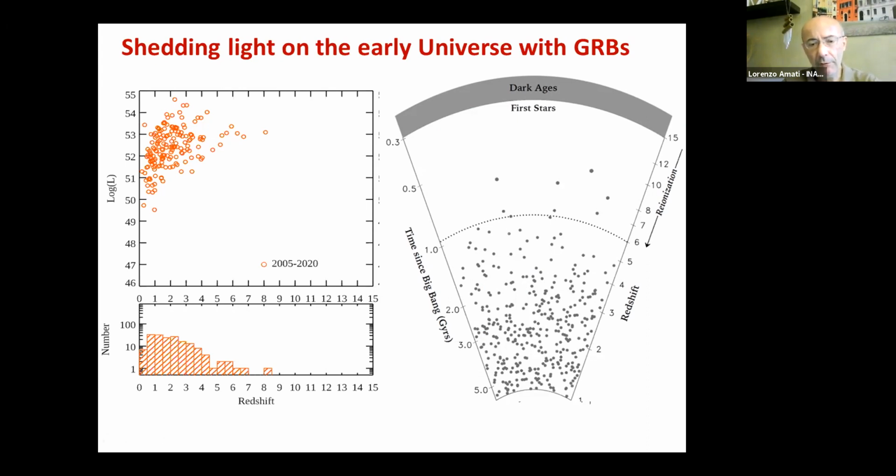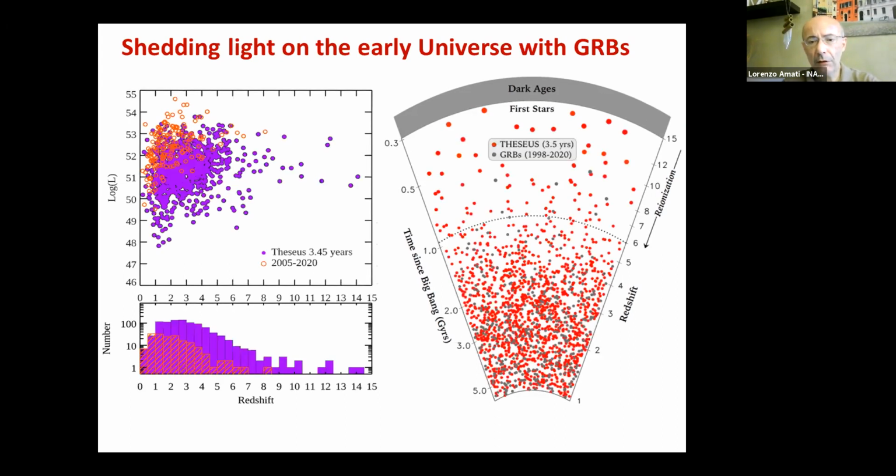So as I mentioned before, despite the many efforts of many facilities from space and ground in the last more than 20 years, we could detect only a few gamma ray bursts at redshift above 6, the first billion years of the universe. With Theseus, you could instead get this kind of result, so improving substantially. The red dots are the gamma ray bursts detected, localized, and identified as high redshift gamma ray bursts by the spacecraft itself.